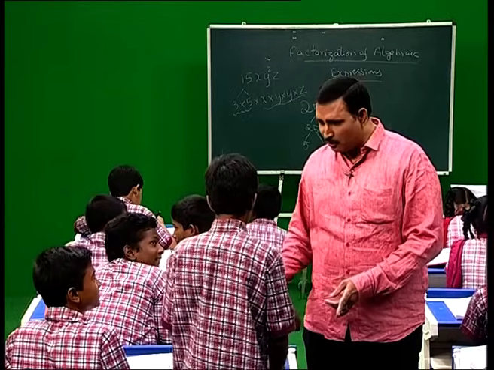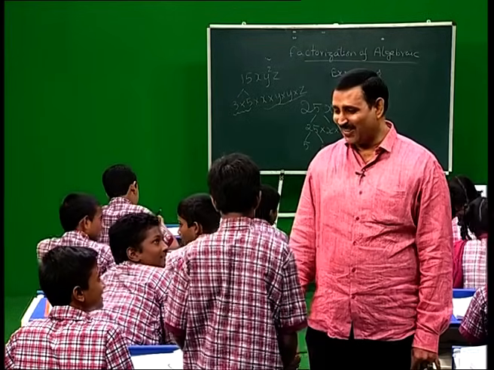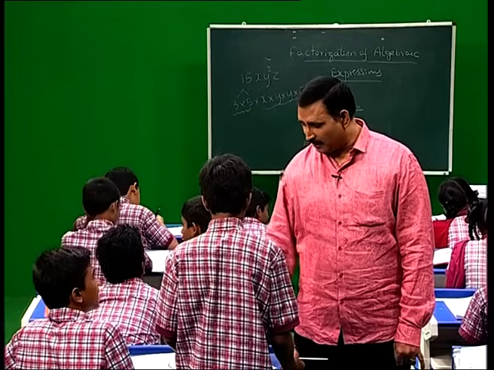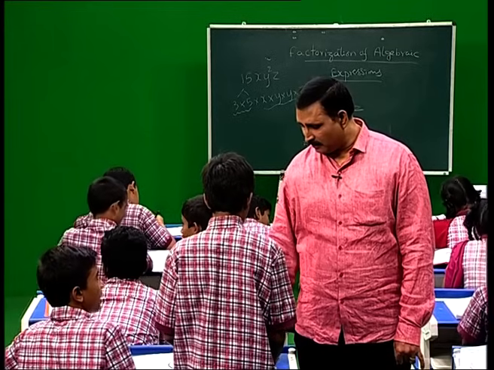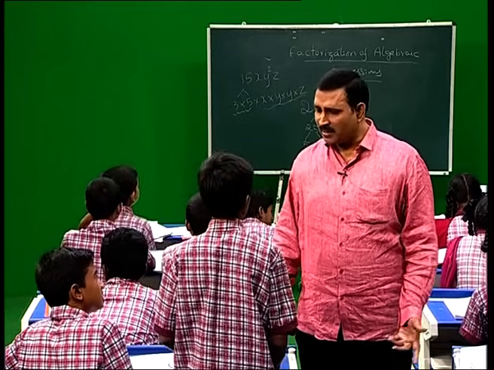Why again 3 into 9? 3 nines are 27, no? We want only 9. So it is 3 into 3 into x into x into y. That's it. Don't get tension, relax.